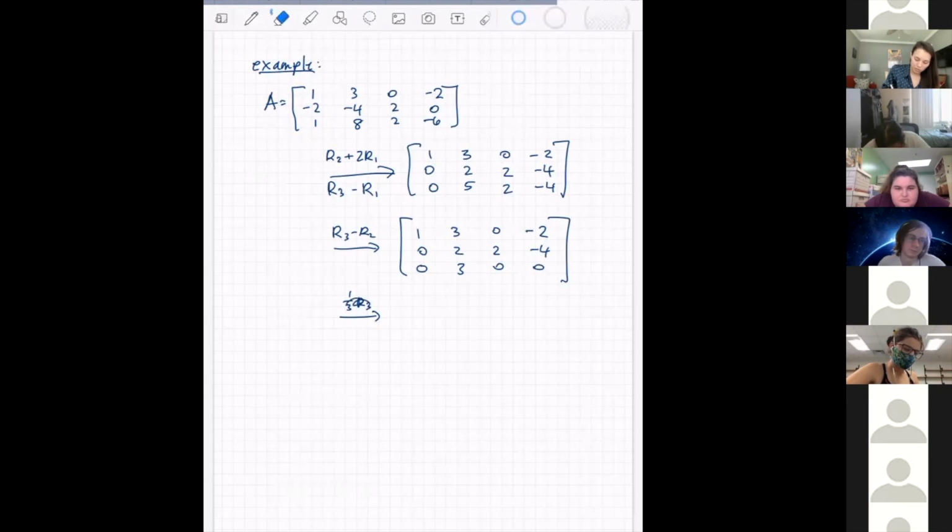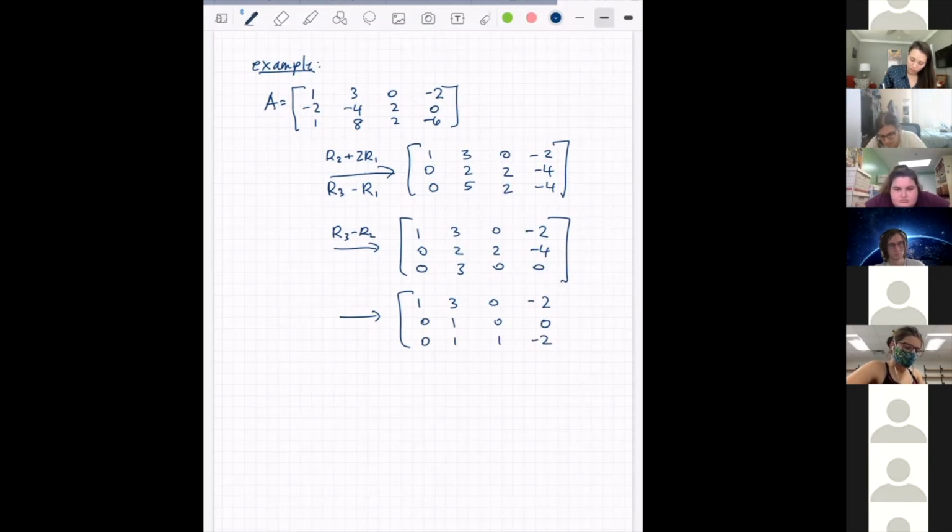And then we can scale row 3. In fact, I'm going to do 2 steps at once. So we're going to scale row 3 by 1/3, which gives us 0, 1, 0, 0. And then at the same time, scale row 2 by a half. Oh, yeah, that's nice to do too. So we should end up with 1, 0, 1, 0, 0, 0, 1, 1, -2.